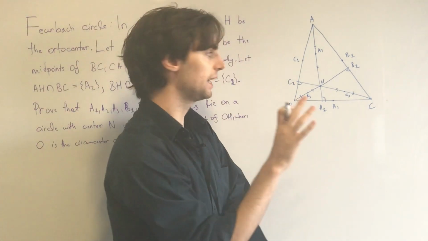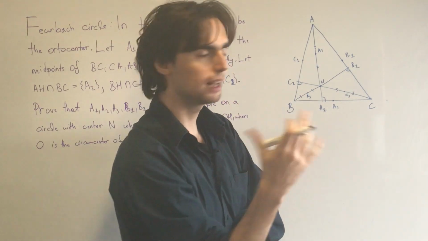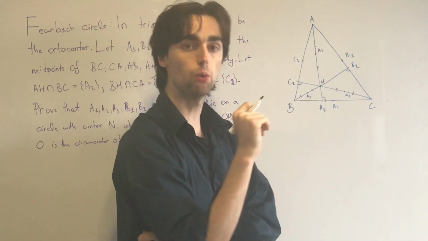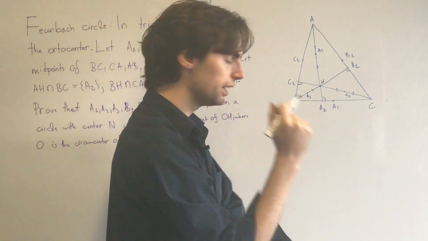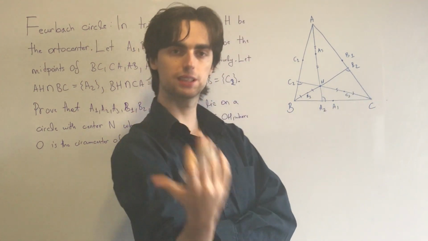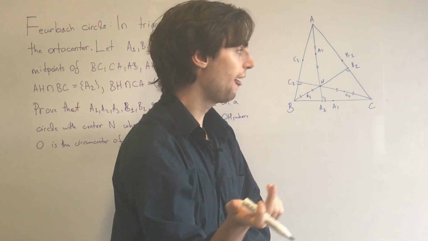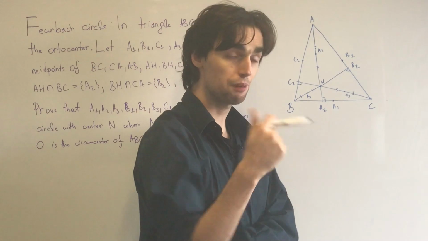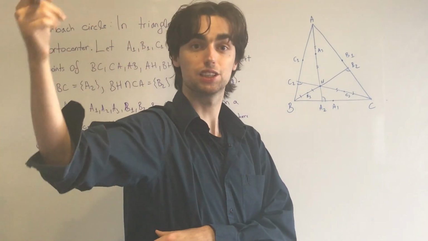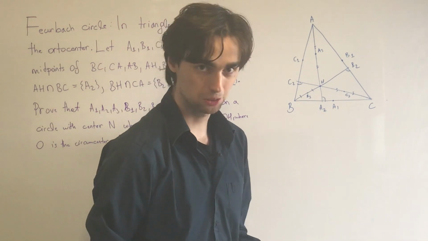So the first thing is that we don't really need to look at all nine points. To prove nine points lie on the same circle, it's enough to pick three points and then prove that every one of the other six points lies on that circle.